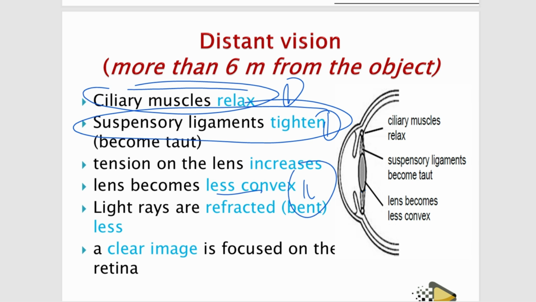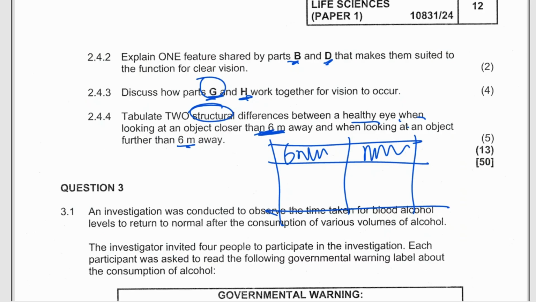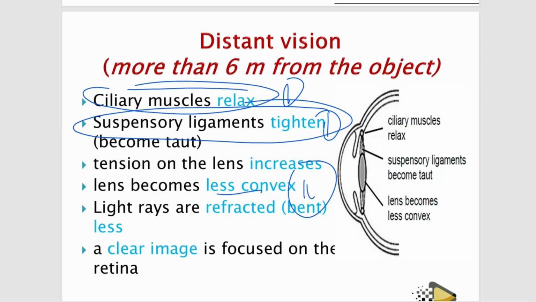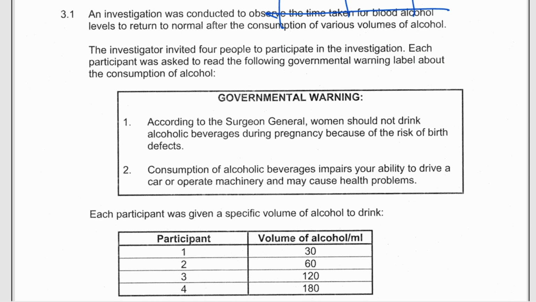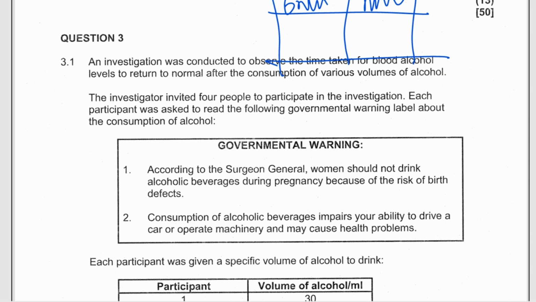A clear image focused on the retina is not a structure thing, because they say structural differences. Those are the 3 points you need to look at, because they say structure, unless they say functional differences. Then we go to the next question.